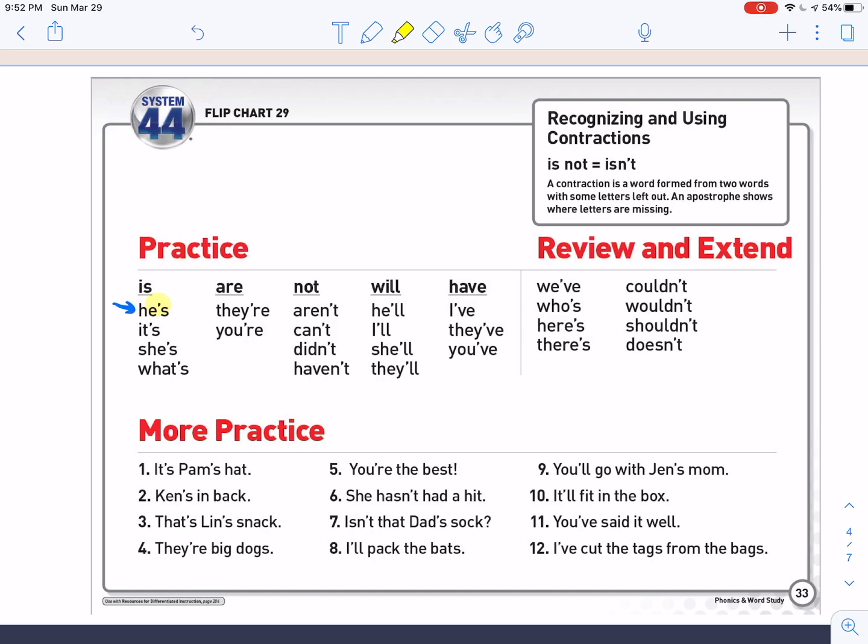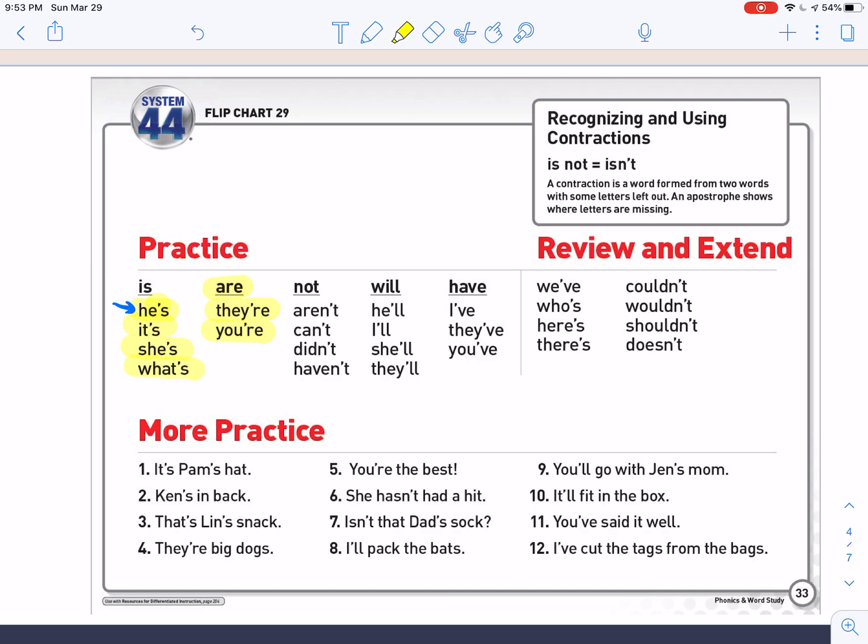What is. Good job. Now let's look at are. They're. What are the two words that form they're? They are. Good. You're. What are the two words that form you're? You are. Good. And you are doing fantastic.